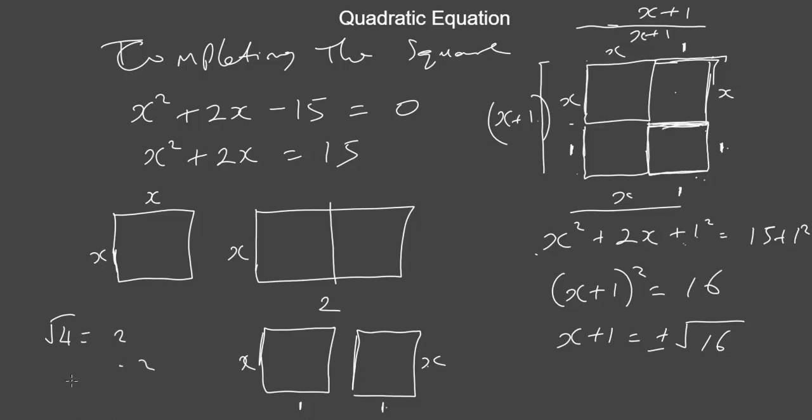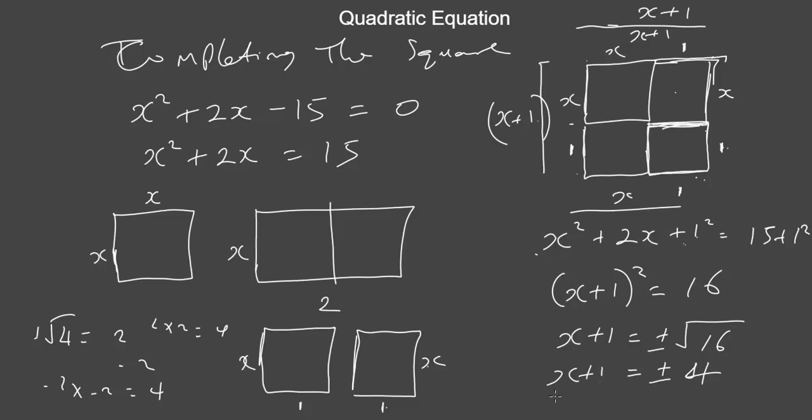The reason is minus 2 times minus 2 will give me 4, and plus 2 times plus 2 will give me 4. So that's why in math you always use plus minus to show that the answer is either plus 2 or minus 2. So the same thing here. When you take the square root of 16, it is plus or minus of that square root of 16, and that means the answer is plus or minus 4. And that's x plus 1.